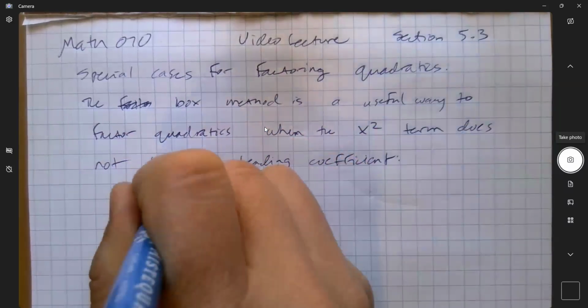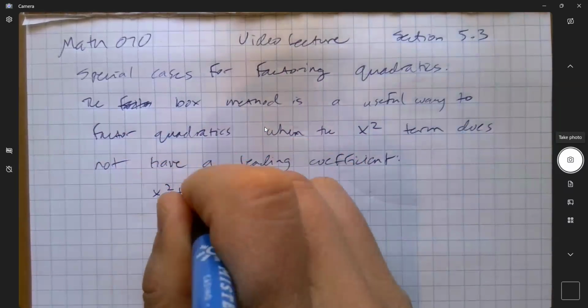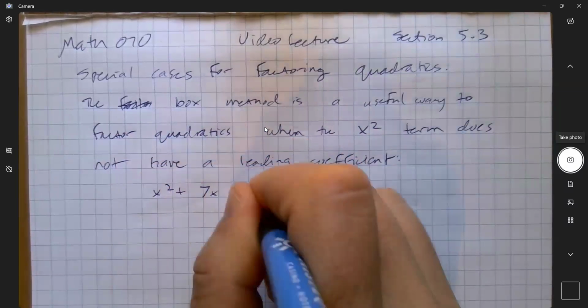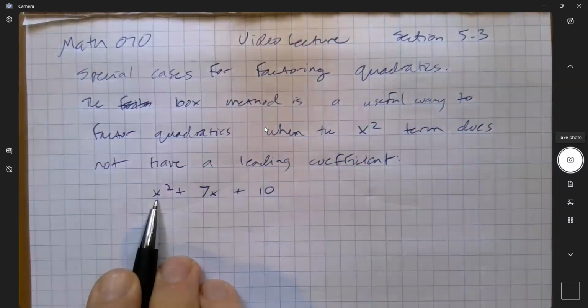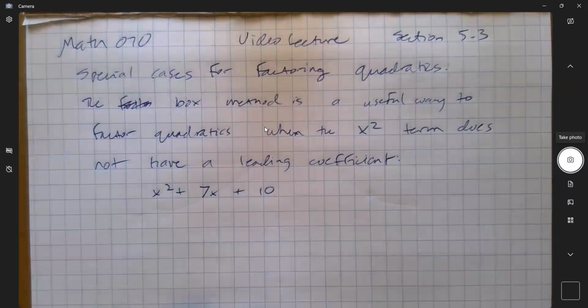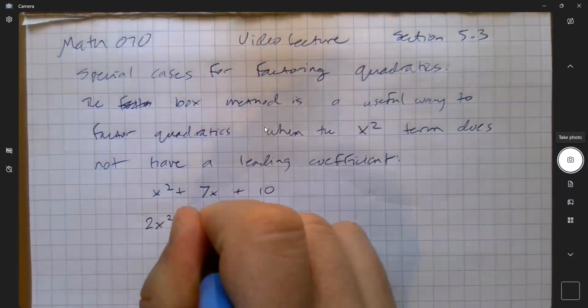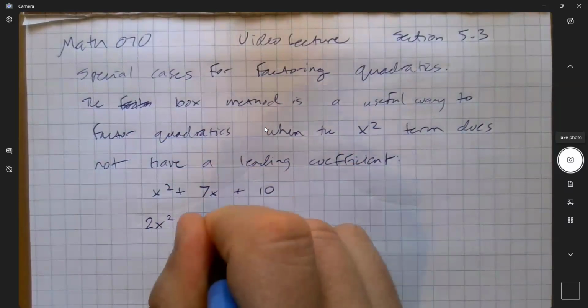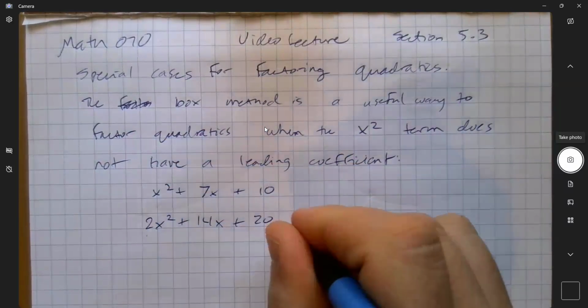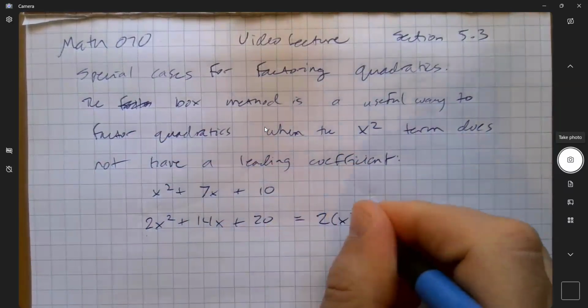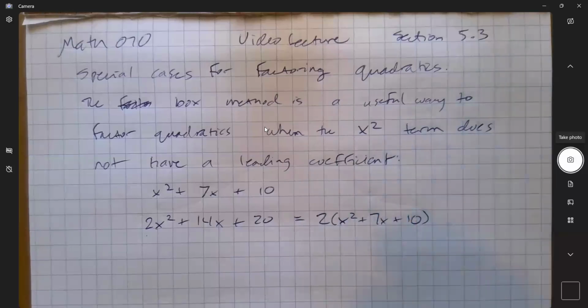Something like x squared plus 7x plus 10, right? If you don't have a leading coefficient, the box method is a good thing to try. Even if you do have a leading coefficient, if you're able to first factor out that leading coefficient, then you can often do the box method on the rest of it.